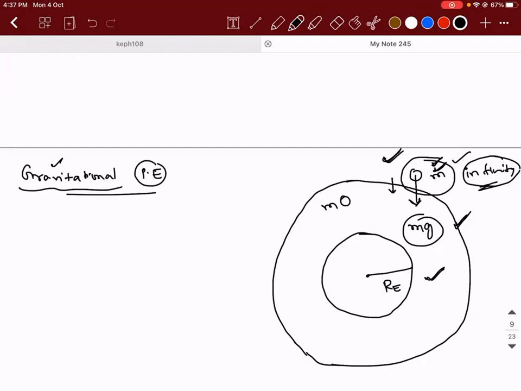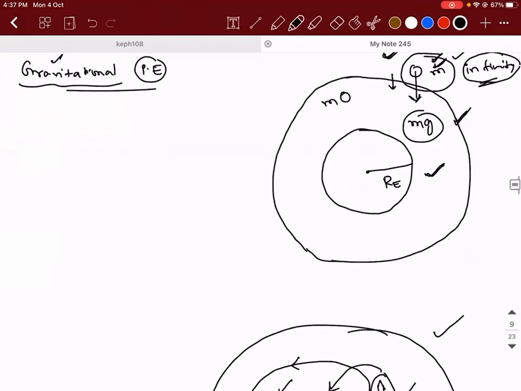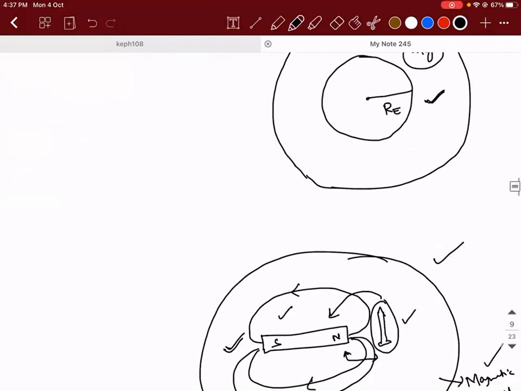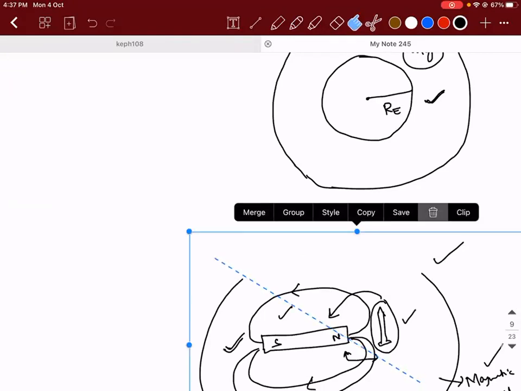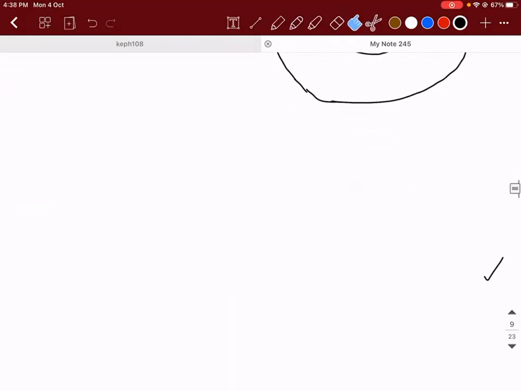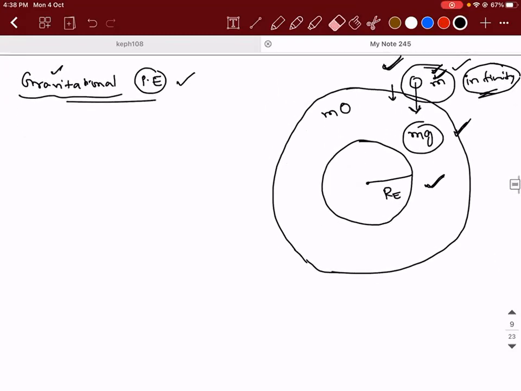Yes, sir. Right. Now comes the technical definition of gravitational potential energy. Sir, in the first chapter, we learned that the range of gravitational force is infinite, right? Range of gravitational force is infinite.